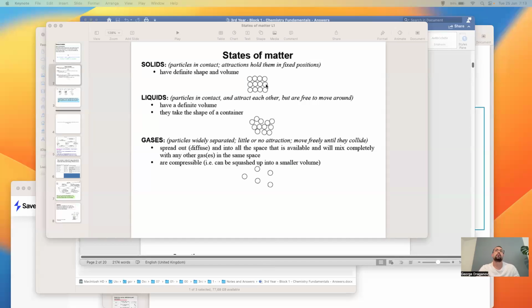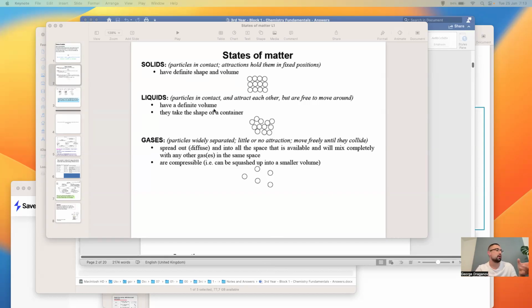In a solid, the particles must always be touching and in a regular pattern. A solid has a definite shape and volume. On the other hand, in a liquid, while the particles still have to touch each other, they no longer have a regular pattern. A liquid will have a definite volume.